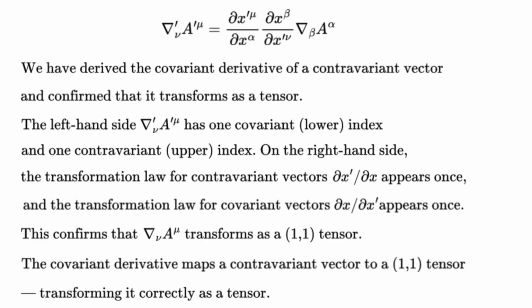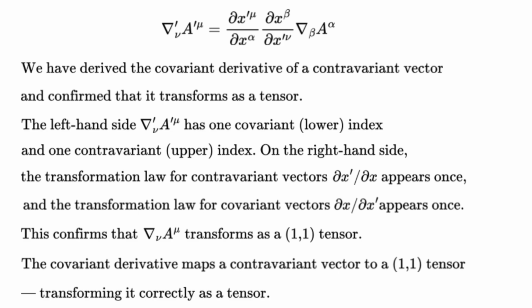We have derived the covariant derivative of a contravariant vector and confirmed that it transforms as a tensor. The left-hand side has one covariant, lower index, and one contravariant, upper index.